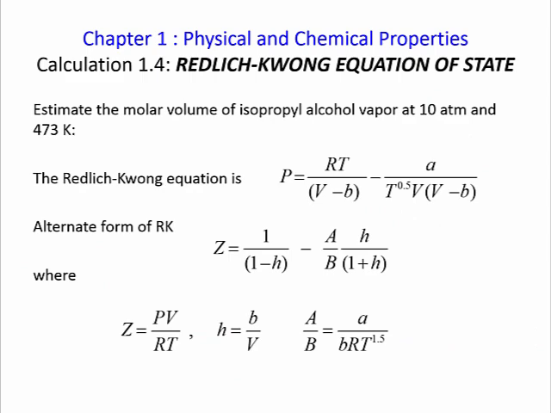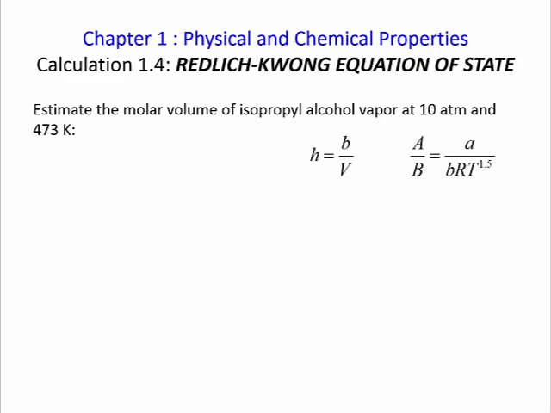An alternative form of the Redlich-Kwong equation is shown here, where Z is the compressibility factor, and H and A over B are parameters of the equation. Note that all these three terms, Z, H and A over B, are dimensionless.